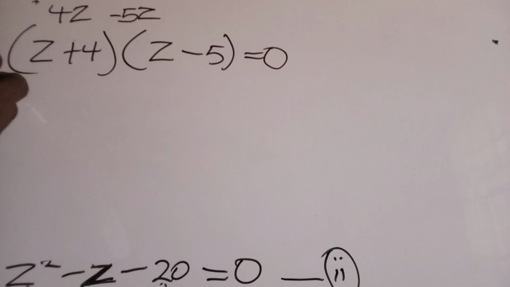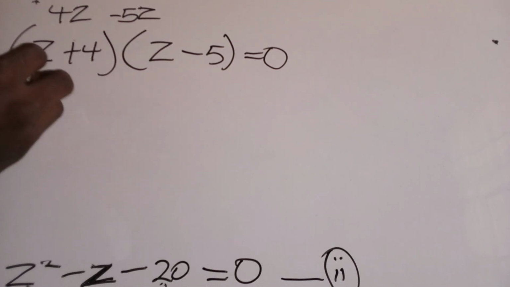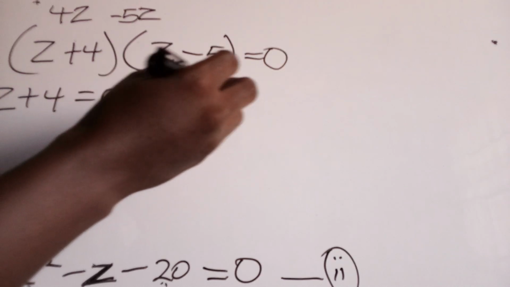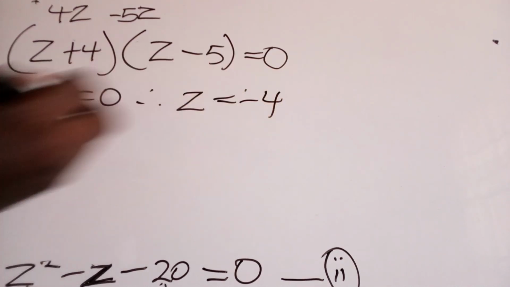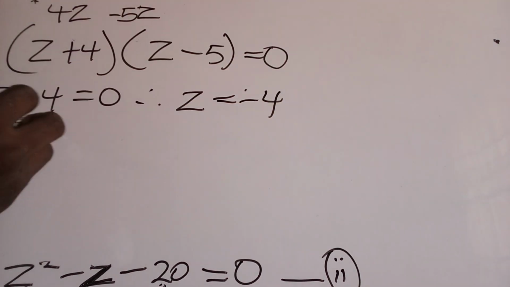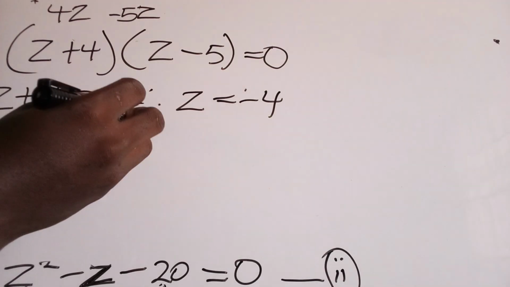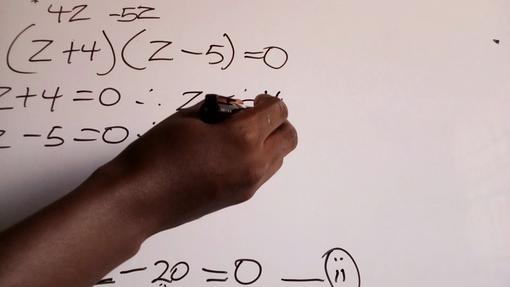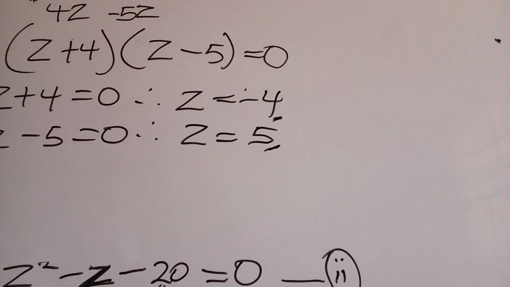So for z plus 4 equals 0, therefore the value of our z will be minus 4, and for z minus 5 equals 0, therefore the value of our z will be 5. So these are the values of z.